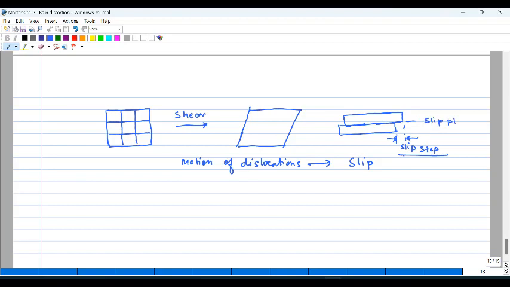That plane is known as the slip plane. Okay, and this is occurring in a particular direction, that is the slip direction. So many such dislocations can move over parallel slip planes. So you can have more such steps coming up through the motion of many dislocations over several slip planes which are parallel to each other.